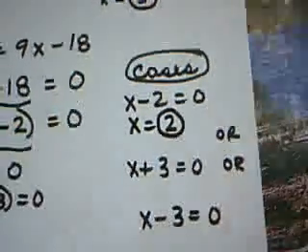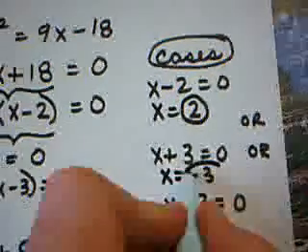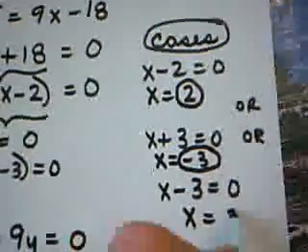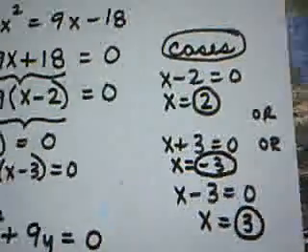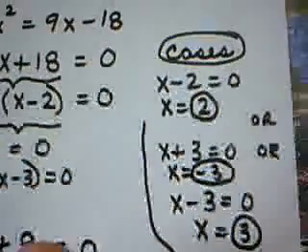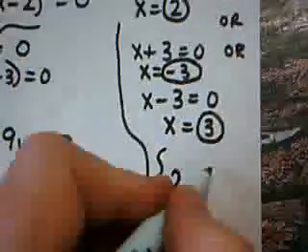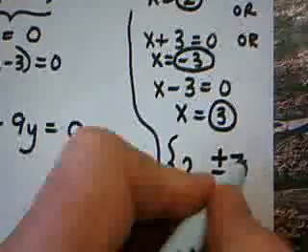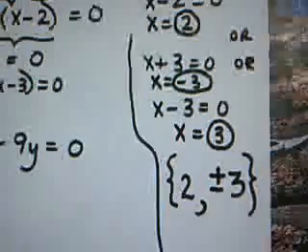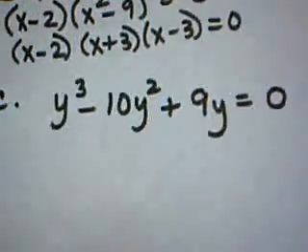There's one answer. In the next case, x is negative 3. There's another solution. And in the final case, x is positive 3. So our solution set here would have 2, and sometimes you can abbreviate this, putting a plus or minus in front of the 3 means a positive 3 as well as a negative 3. And we're done.